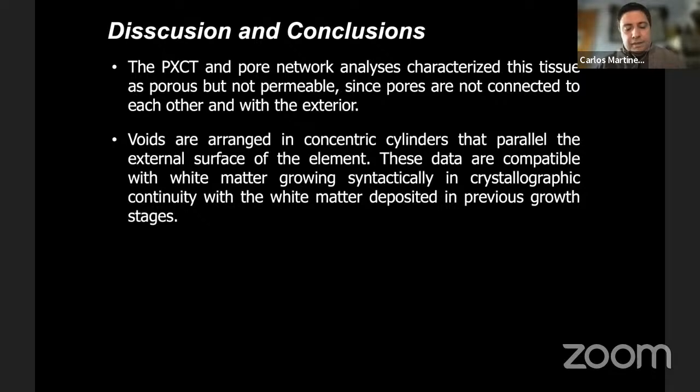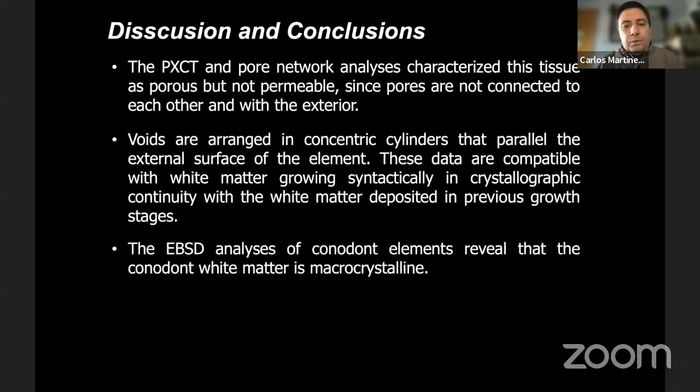The presence of these pores in concentric lines parallel to the surface is congruent with this material growing syntactically, in crystallographic continuity. That was very important because there were so many doubts about how this tissue could grow.